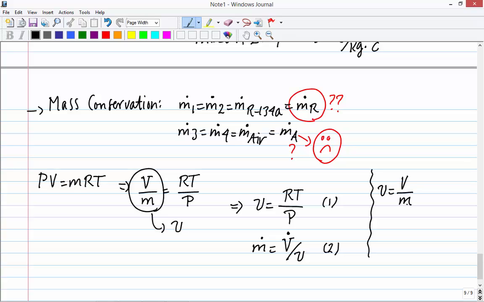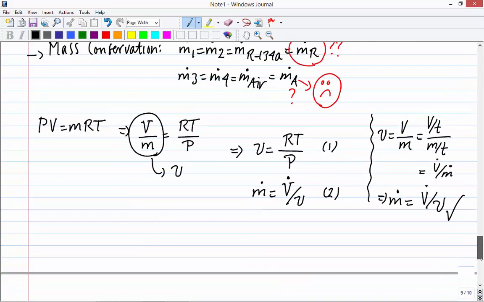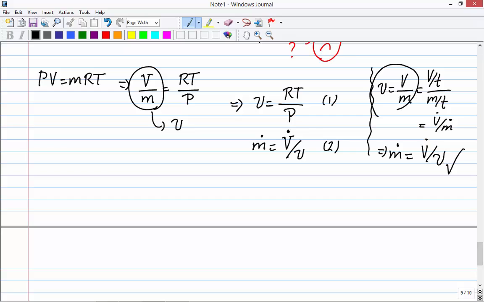If I divide both by time, that would be V over t and m over t, and this is V dot over m dot. So take m dot to the other side and little v to the denominator. So m dot equals V dot over v. That's it, it was easy. If you forgot, you can just start with this equation, divide by time, and done.